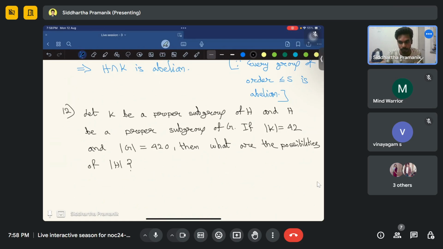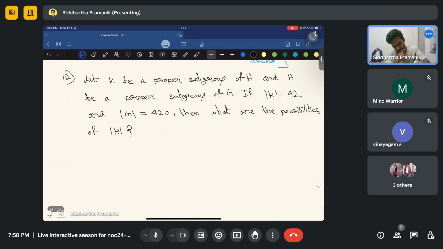Just try it for a few seconds. So K is a proper subgroup of H and H is a proper subgroup of G, and the order of K is given, it is 42, and the order of G is 420. So you need to find the order of H.